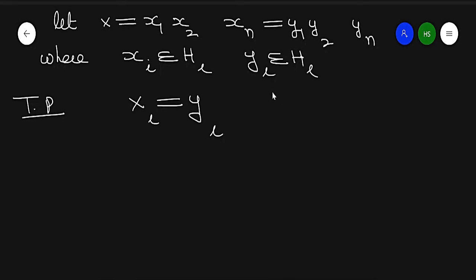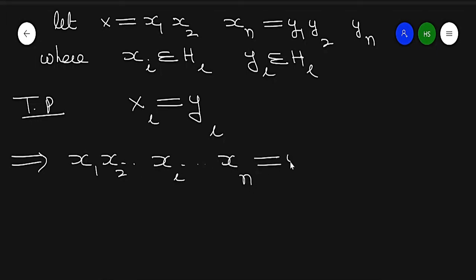Now in the given part, Xi and Yj commute. From this, it implies X1 X2 up to Xi and so on up to Xn can be written as Y1 Y2 up to Yi and Yn.